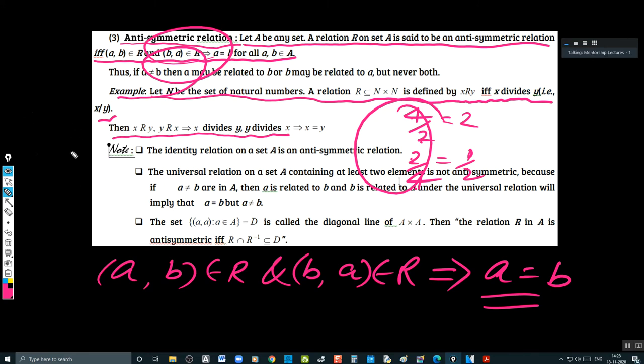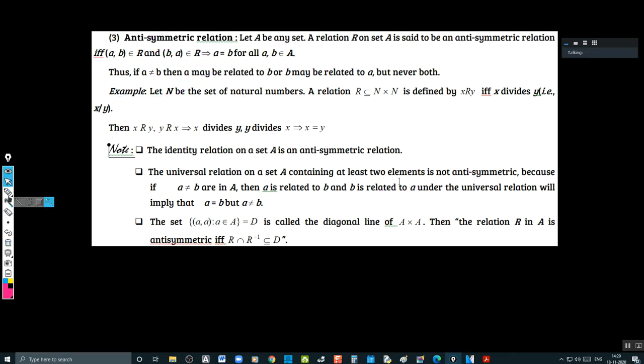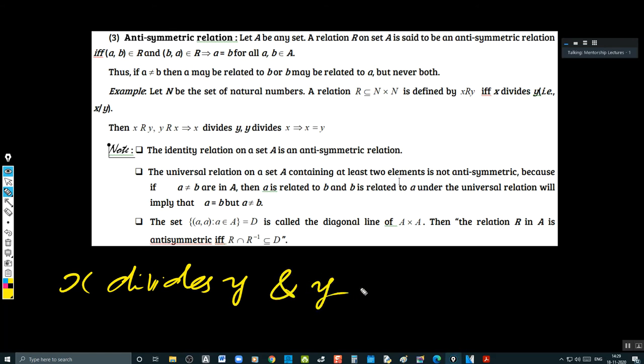Are you there, everyone? So x divides y and y divides x. If such a relation is given, for example, I repeat, x divides y and y divides x. How is it possible?